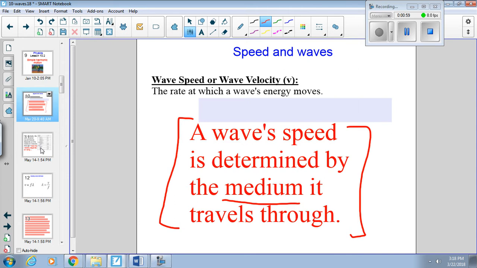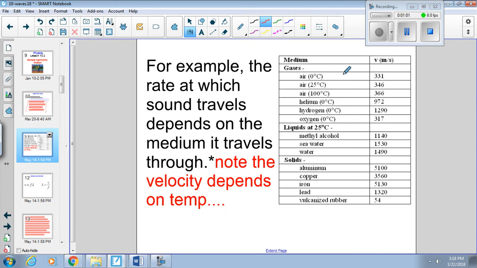An example of that: here we have sound, which is a type of wave, traveling through different mediums. We have different gases, air, helium, which you're not supposed to breathe in, even though it's really fun to hear your voice really high, liquids, and solids.